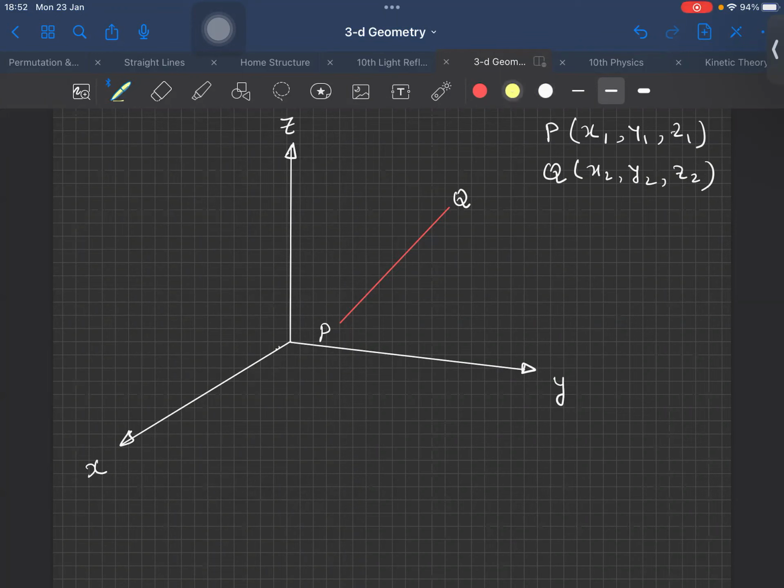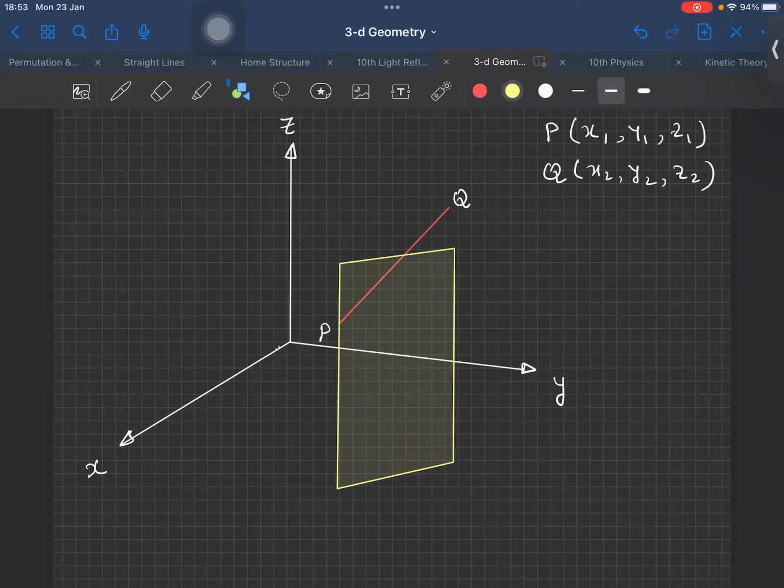So let's say this is the plane. Let me draw the plane like this, something similar to this.